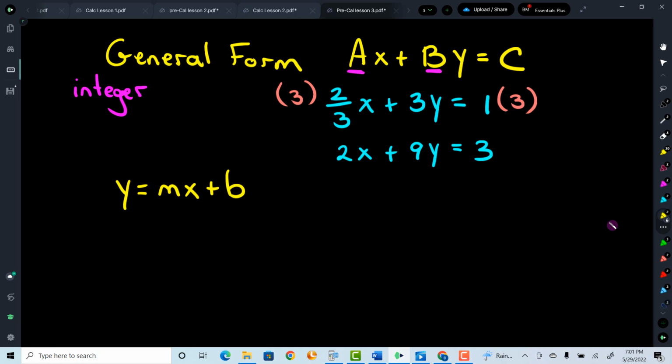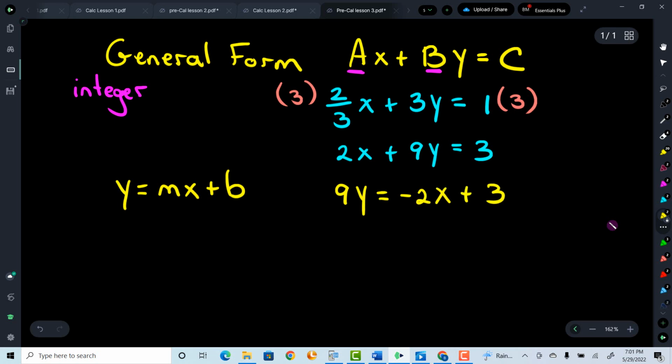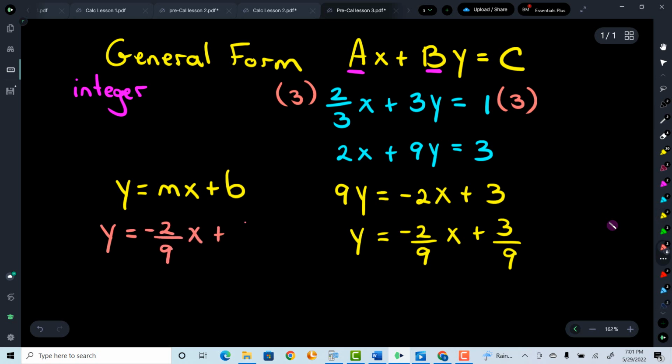So let's subtract 2x from both sides. And then let's divide by 9. So y = -2/9 x + 3/9. So my slope-intercept form would be y = -2/9 x + 1/3.